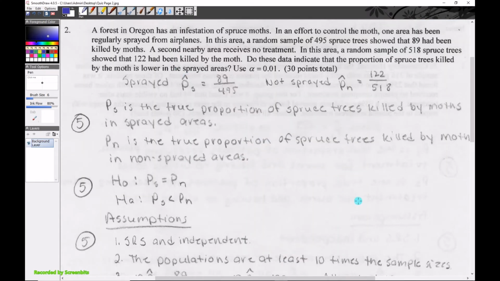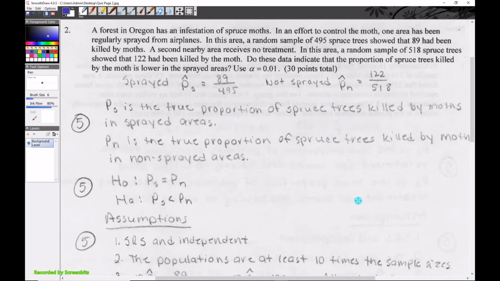So here we are on page 2, and this was about the spruce moth infestations. There was an area that they treated with some kind of spray, and another area that they didn't. The question is, do these data indicate that the proportion of spruce trees killed by moths is lower in the sprayed areas?